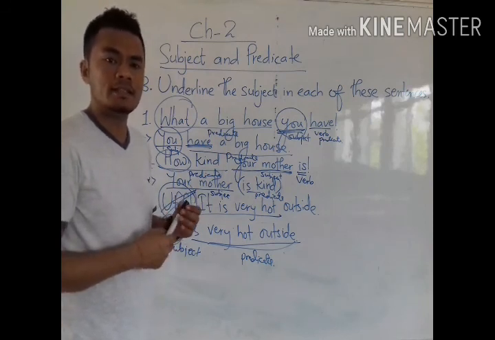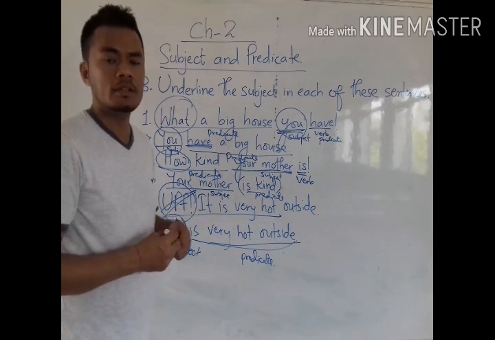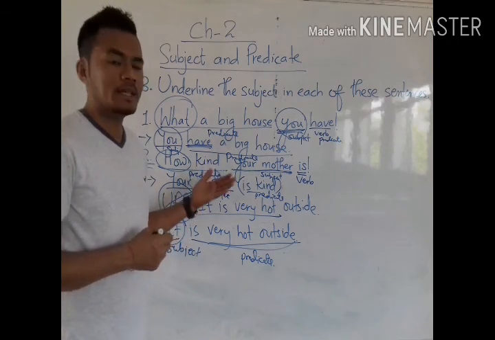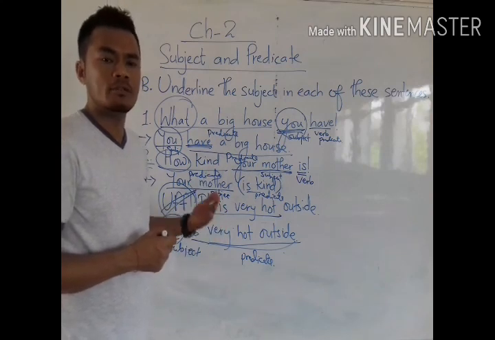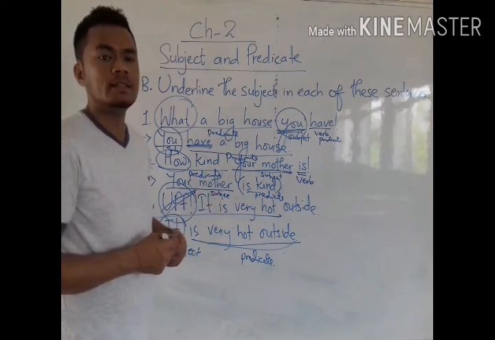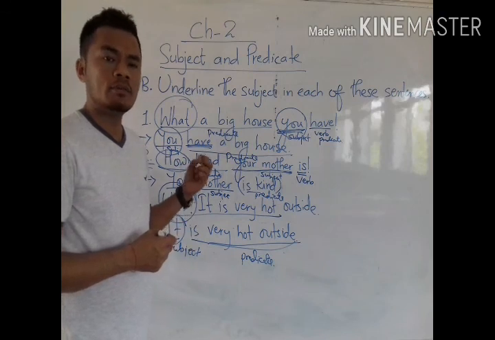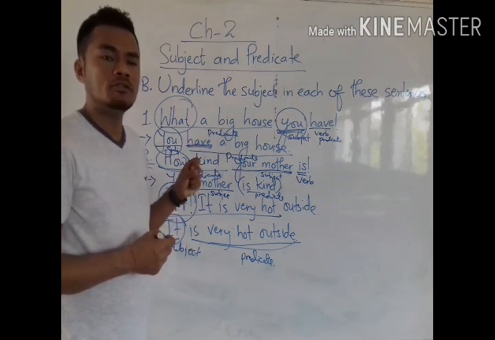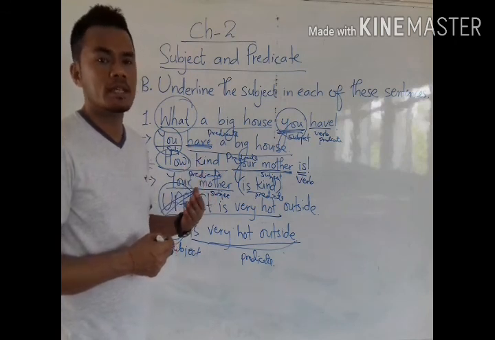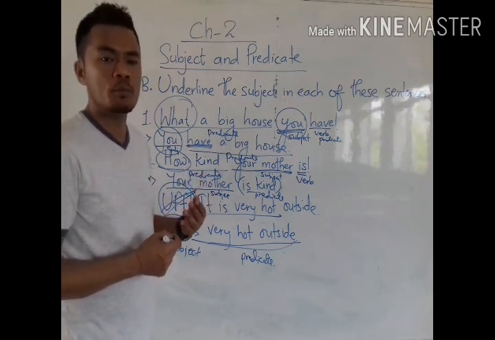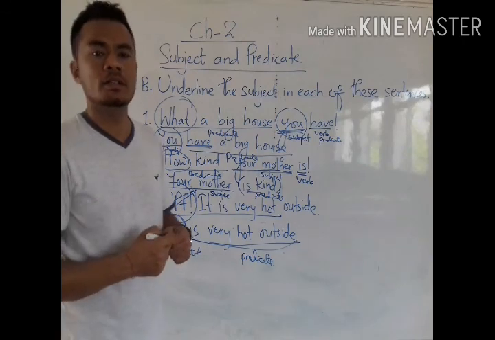In that exercise you have to complete the given sentences, fill in the blanks, the spaces given. You have to use your own brain to fill each sentence with your own subject or predicate. I hope you are able to do that also. Understood, students?